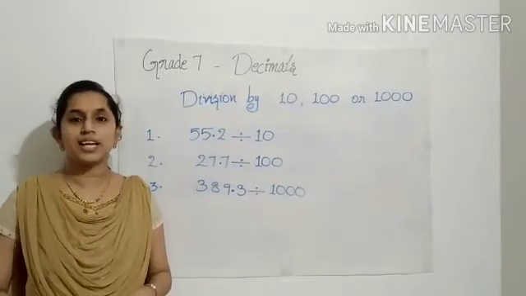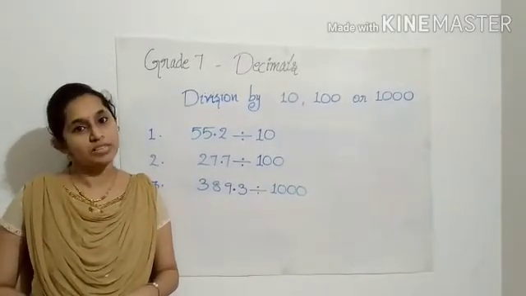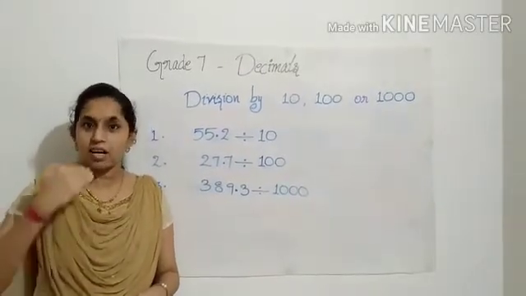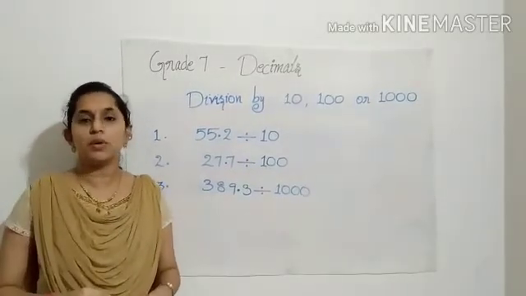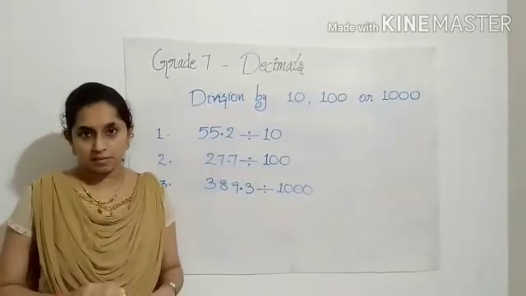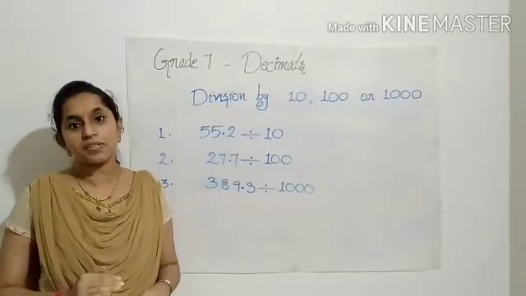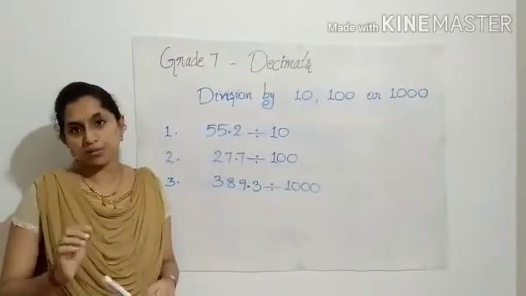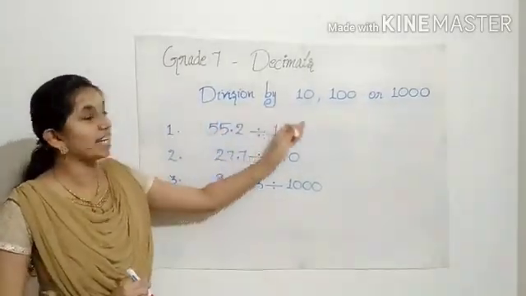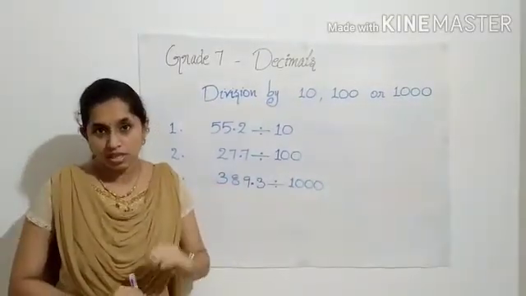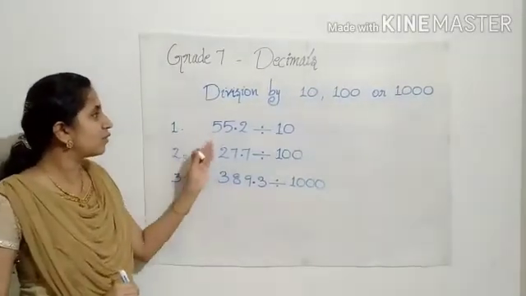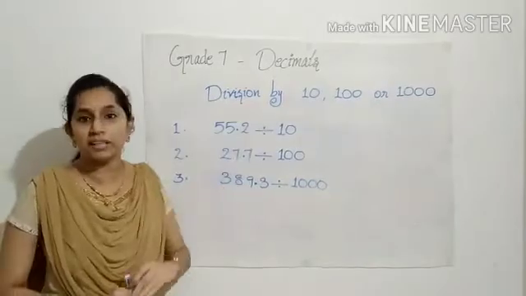So children, in the case of multiplication of a decimal number by 10, 100 or 1000, we move towards the right. It's just opposite in the case of division. We are moving on to division by 10, 100 or 1000. Let's move on to the first question. 55.2 divided by 10.